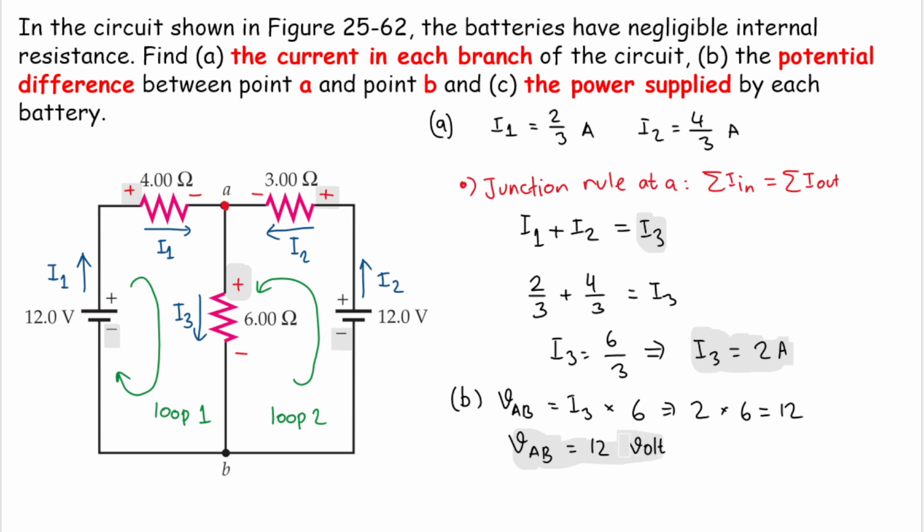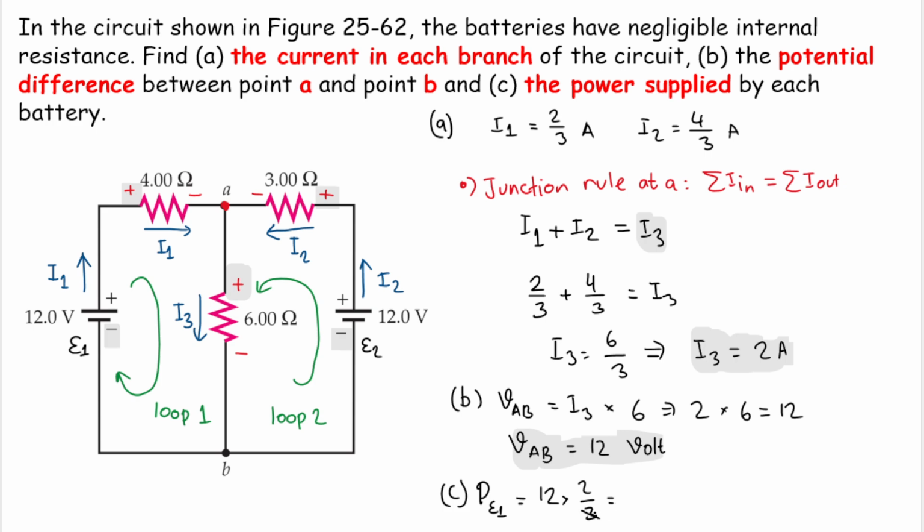And then C, the power supplied by each battery. We can just use this formula for the power here. So for the power by battery 1, maybe let's name this as E1 and let's name this as E2. So the power supplied by the battery E1 will be the voltage, 12, multiplied by the current. The current is I1, so we will have 2 over 3.